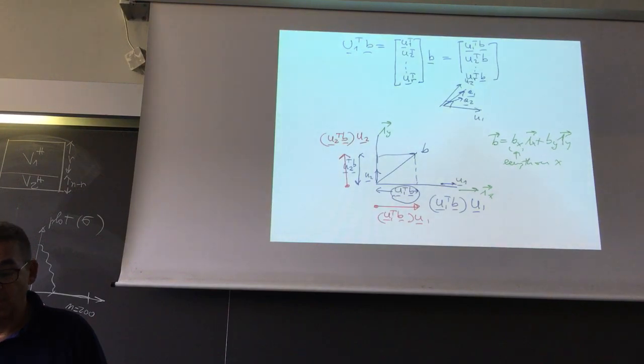That's what I'm doing. Now, if you assemble all that and put everything into the same formulation, what you need is U1 transpose multiplied by B, and this gives you B projected onto A.